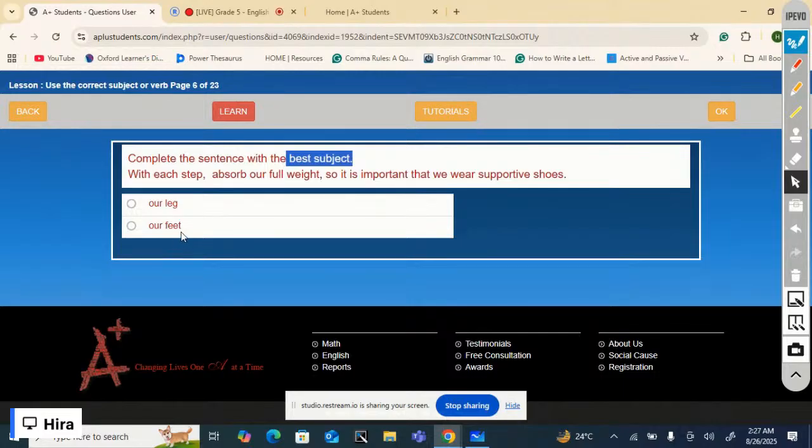Feet is plural, used for more than one foot. It's a plural of foot. Feet is a plural subject. Now look at the verb absorb. Absorb is a verb which does not end in s. So which option is correct?